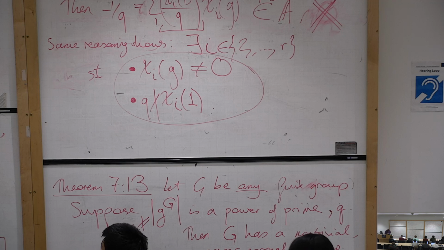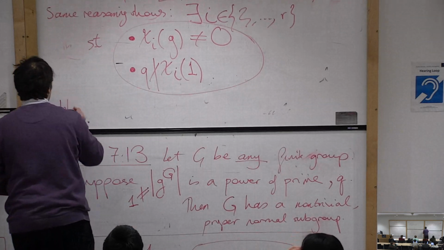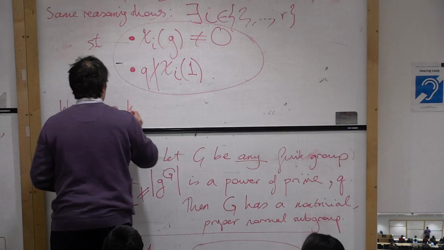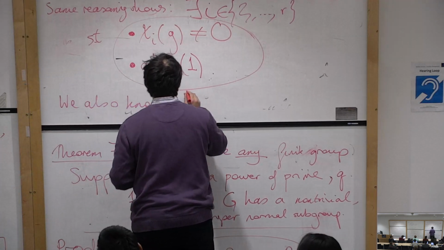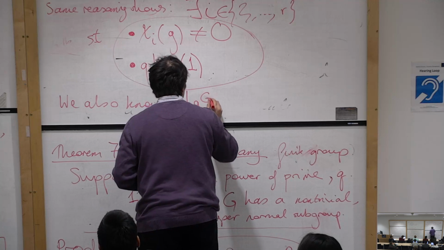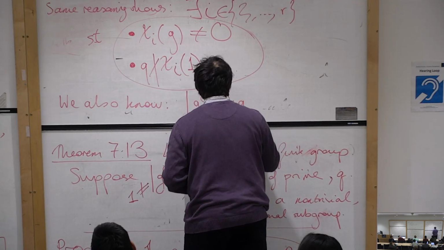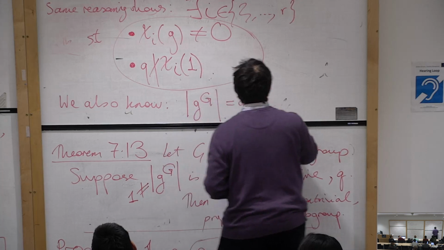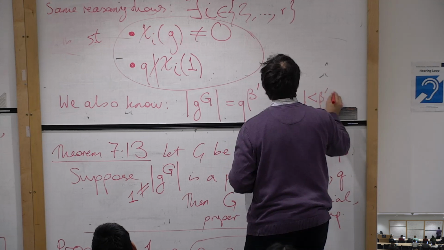But we need it done. So we have to use the given, right? We also have this conjugacy class is a power of q, a non-trivial power of q.